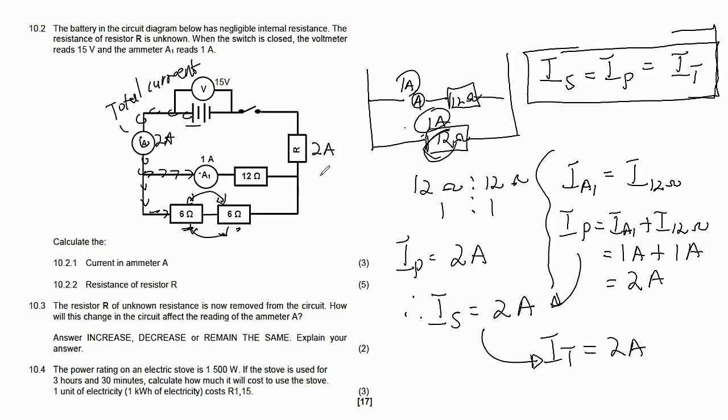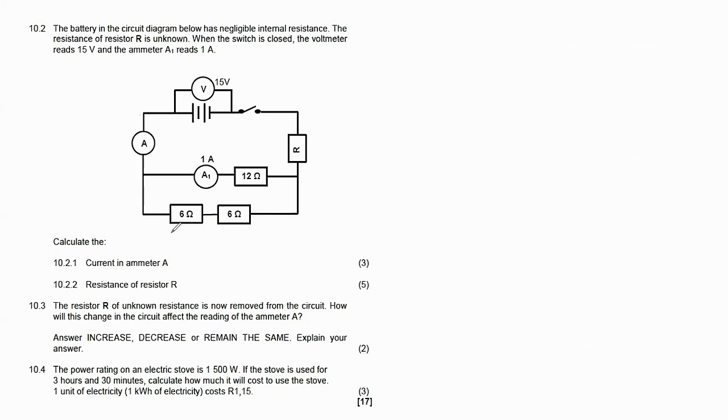Okay, so now let's proceed. We want 10.2.2. It says calculate the resistance of R. So remember, we already have our total current is 2 amperes, and we want to calculate the resistance R. We do have our total voltage here because the voltmeter is connected directly to the battery, meaning it is representing the total voltage.